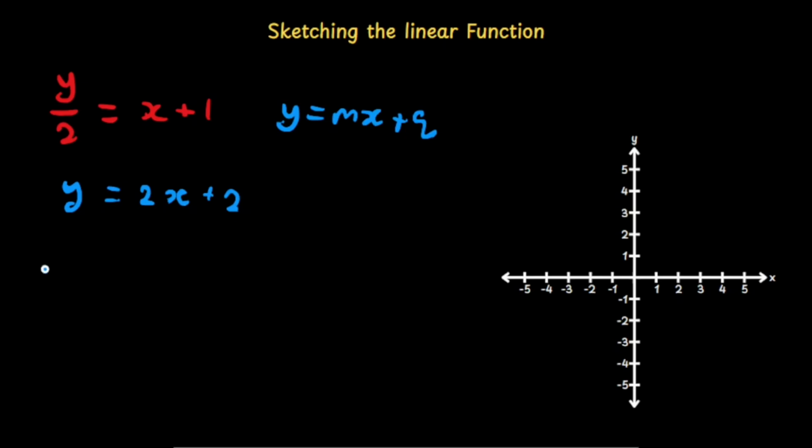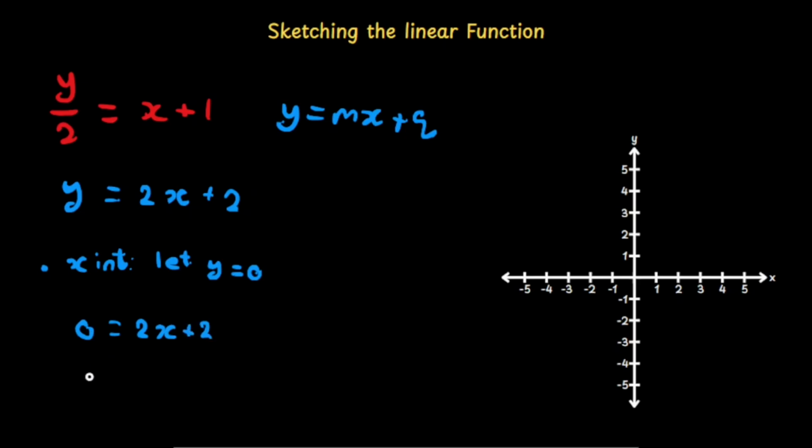So for the x-intercept, we will let y equal to 0, because the y value of the x-axis is 0. Putting that into the formula that we have worked out, we will get that 0 is equal to 2x plus 2.